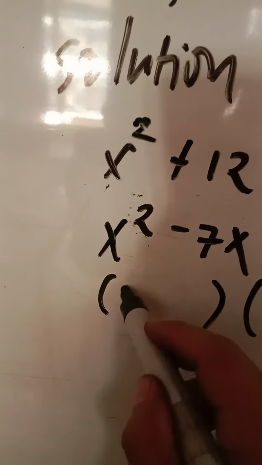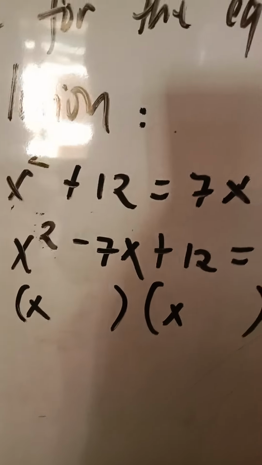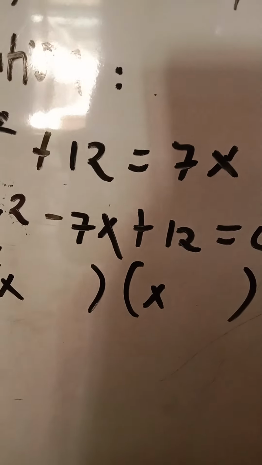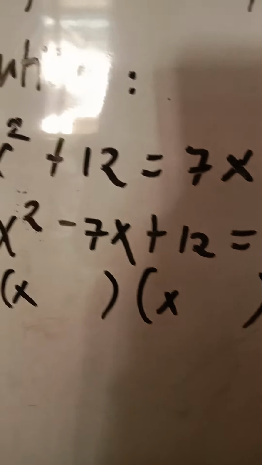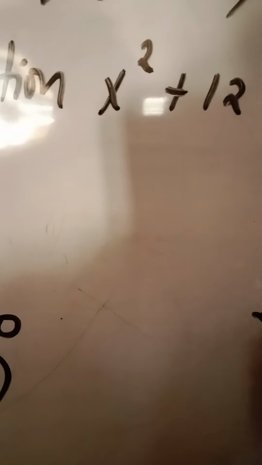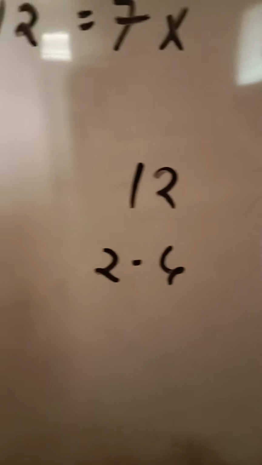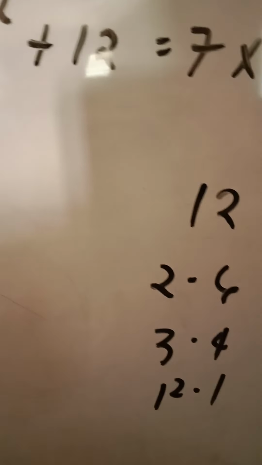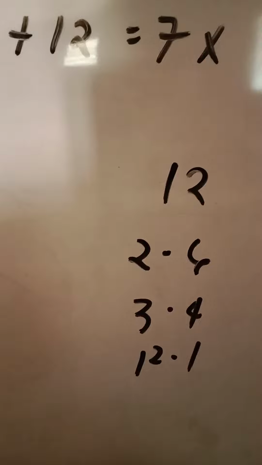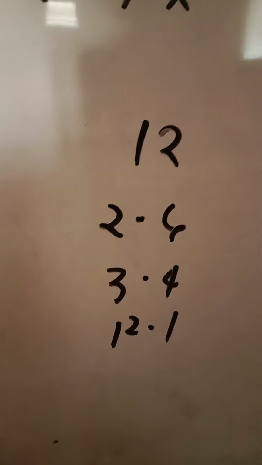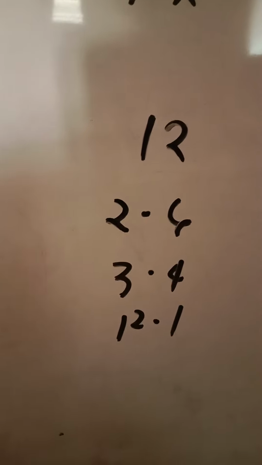You have x squared, you have 12, so look for the factors of 12. The factors of 12 are 2 times 6, 3 times 4, and 12 times 1.